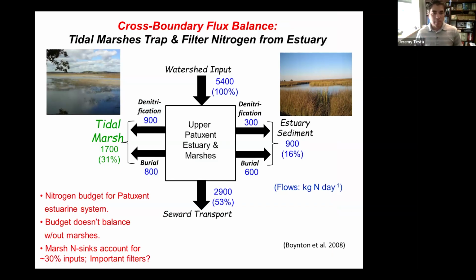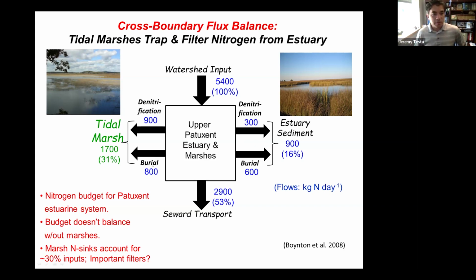And this upper part's really dominated by wetlands. If you look at the watershed input, which is about 54,000 kilograms of nitrogen per day, and you look at all the losses, including the export, there would have been almost 1,500 to 2,000 kilograms per day of missing nitrogen in this budget.